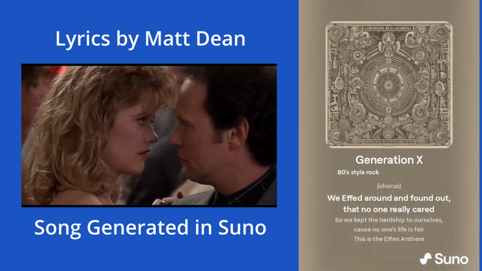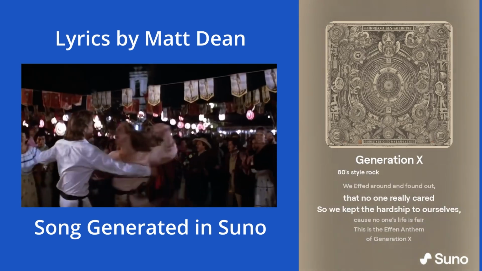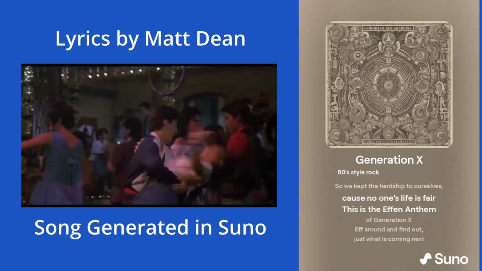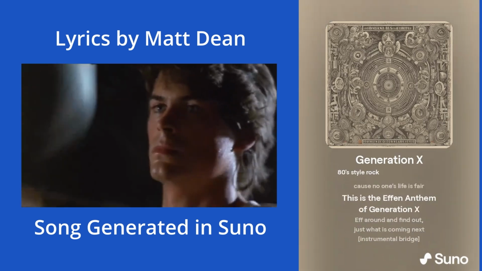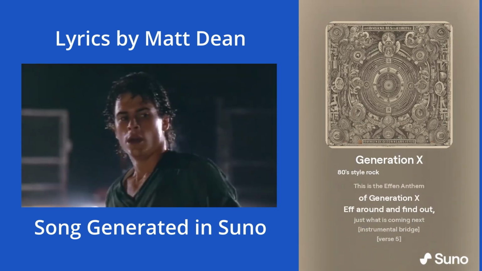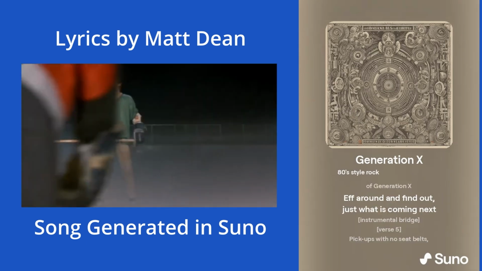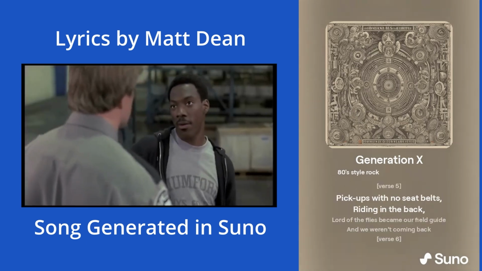We effed around and found out that no one really cared, so we kept the hardship to ourselves, cause no one's life is fair. This is the effing anthem of Generation X. F around and find out just what is coming next.